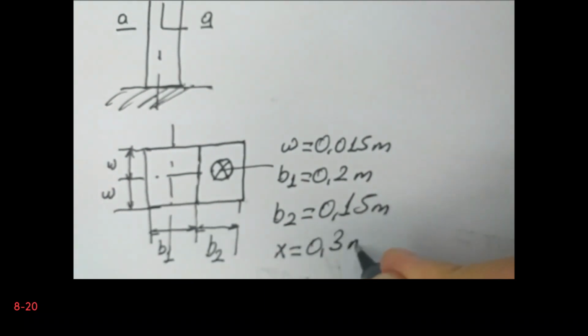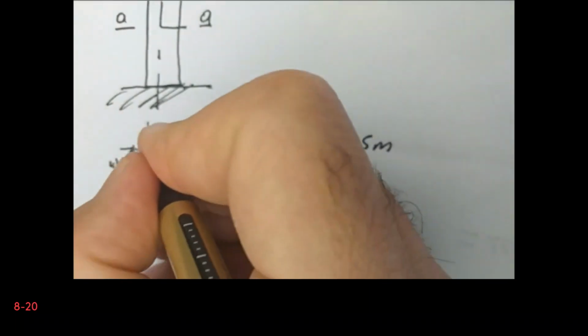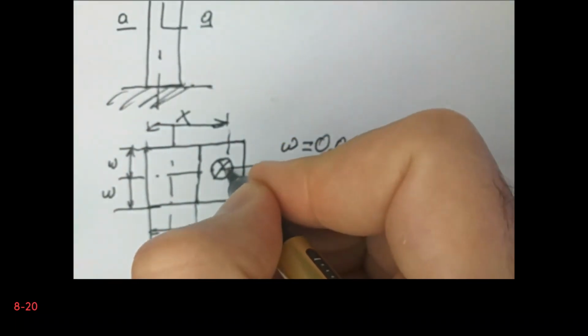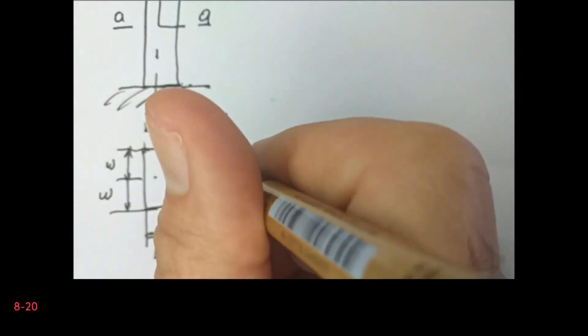So this is the distance x. So I draw a cross inside a circle, which means that the force is towards the screen.